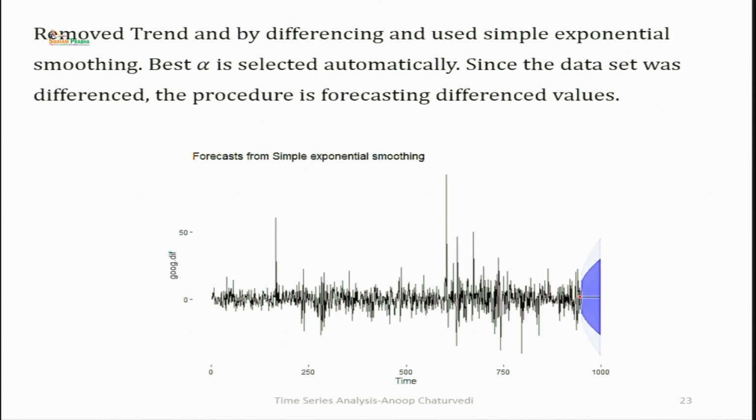So, you get these forecasts. But since the data set was differenced, the procedure is forecasting differenced values. This procedure is not forecasting the exact values, this procedure is forecasting the differenced values.